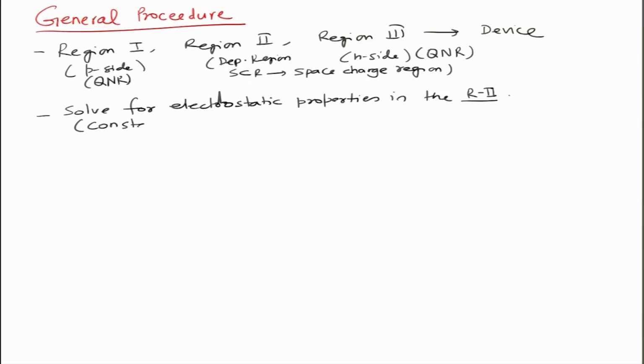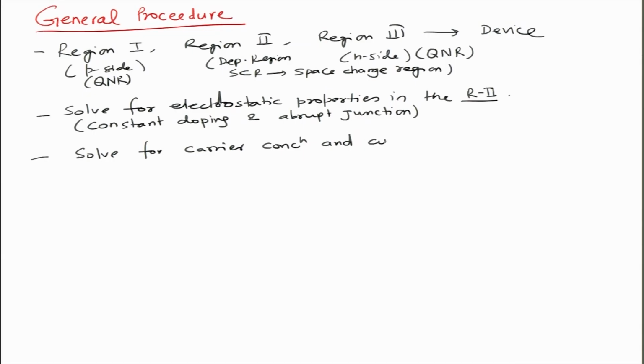Okay. So, we assume that it is a constant doping throughout the semiconductor and abrupt junction. All right. Third is solve for carrier concentration and current in QNR, that is the quasi neutral region, that is region 1 and 3 under steady state condition.